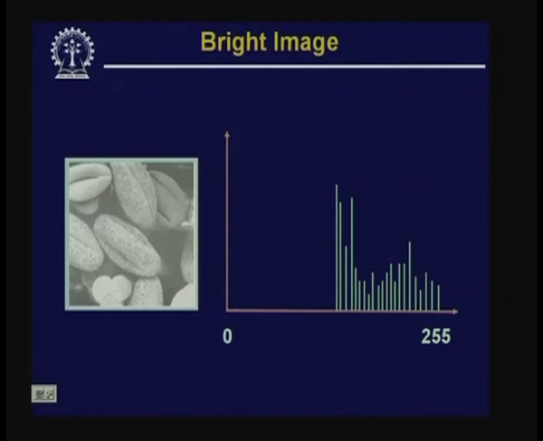So, in our case the minimum intensity of a pixel will be 0 and the maximum intensity of a pixel will be 255. In this example, as the histogram shows, most of the pixels have intensity near 255, that is the maximum value.